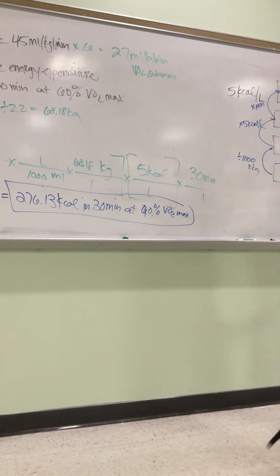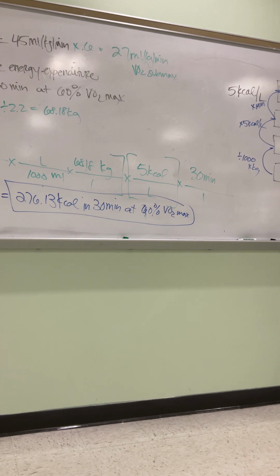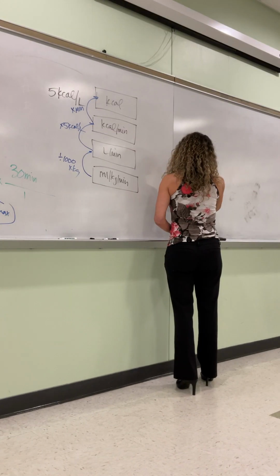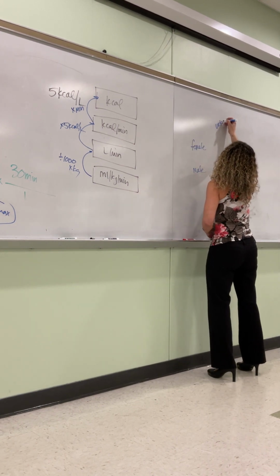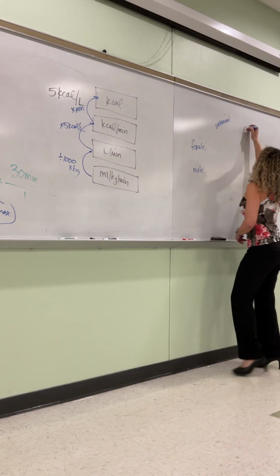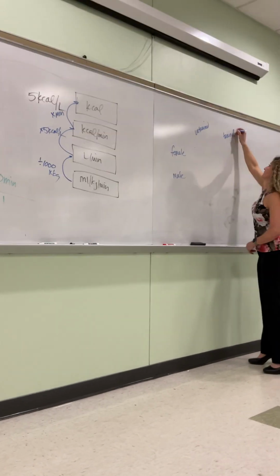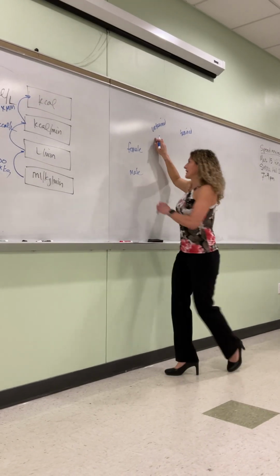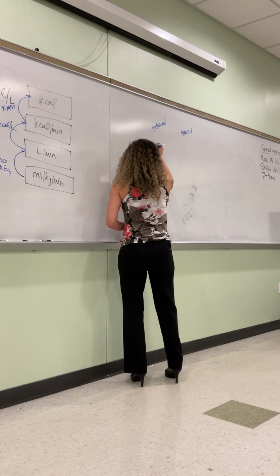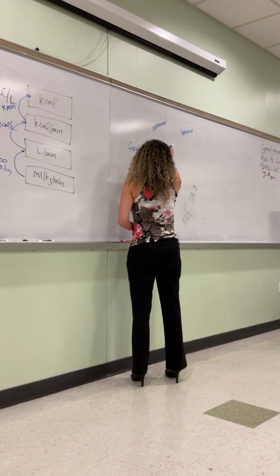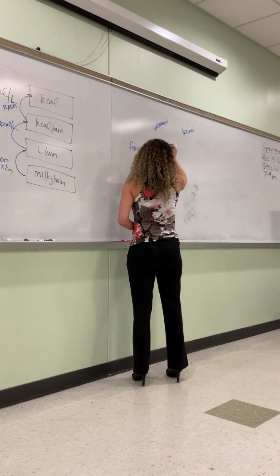Okay, let me give you these numbers real quick. I'm going to give you average VO2 max numbers. An average untrained young female might have a VO2 max somewhere around 40 milliliters per kilogram per minute.